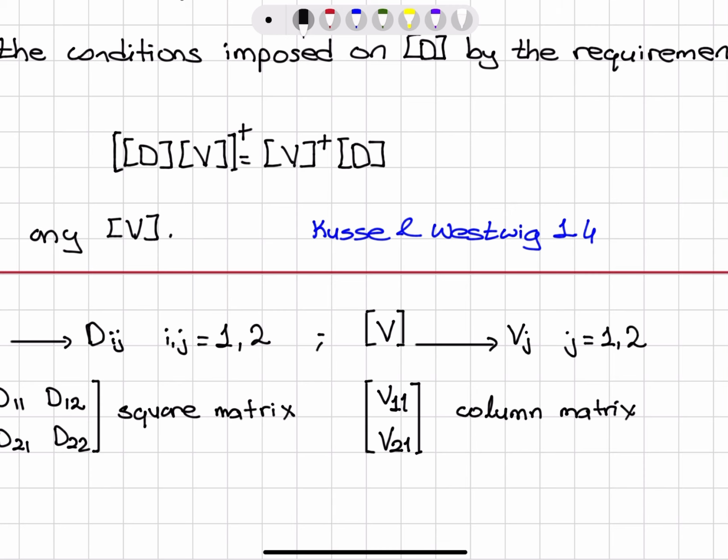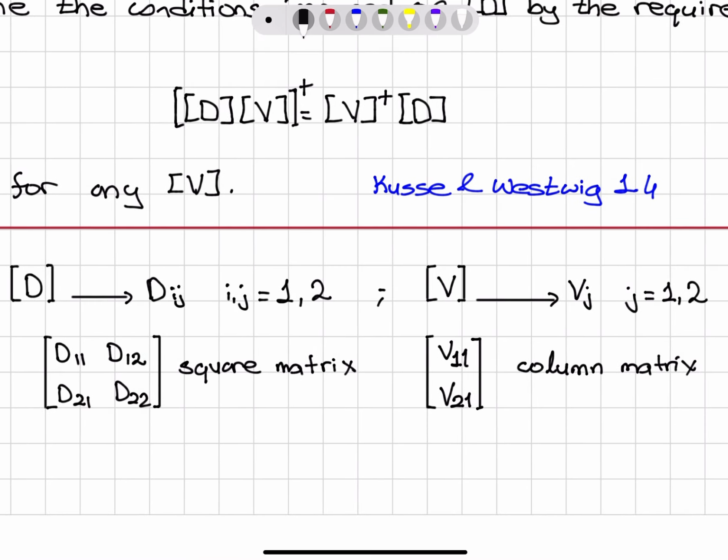All right. Now we're looking at the multiplication of the D matrix with the V matrix. If I pre-multiply the V matrix with the D matrix, using the subscript summation notation, this can be written as Dij Vj, with a summation over j.